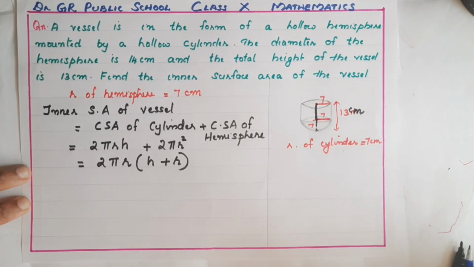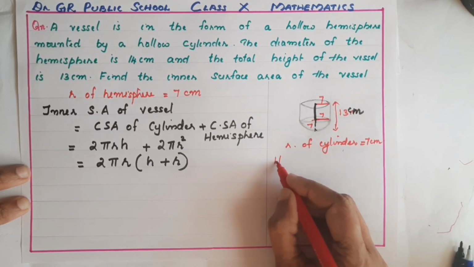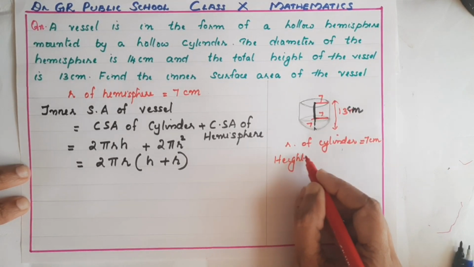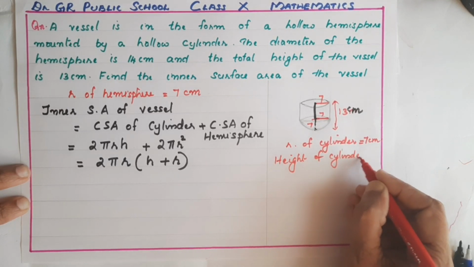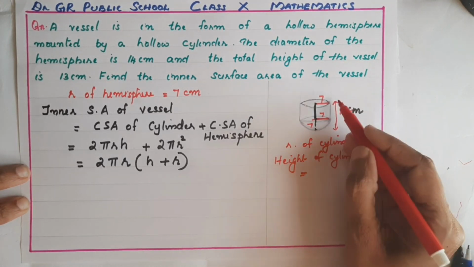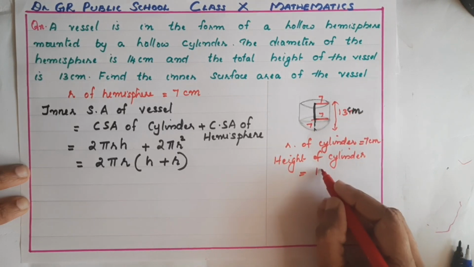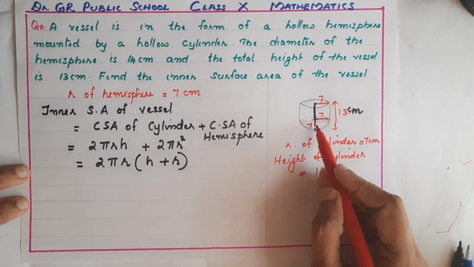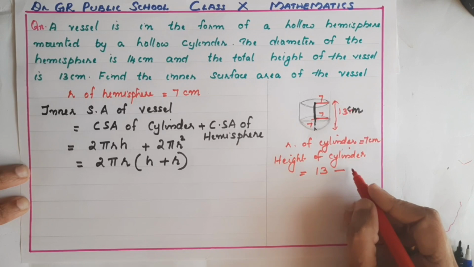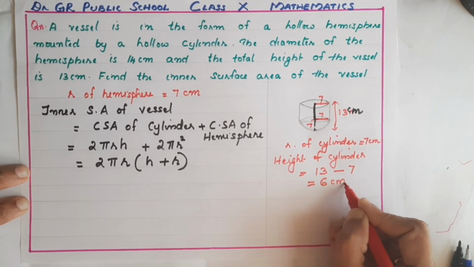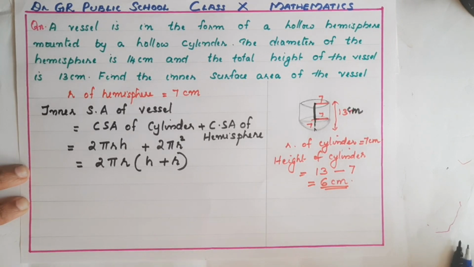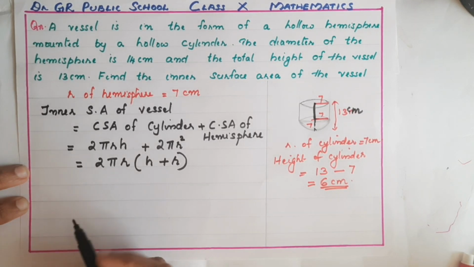Height of the cylinder is equal to total 13 minus we have to subtract the 7. Okay children, what is it? 6 centimeter. So we got all the dimensions for substituting in the formula.